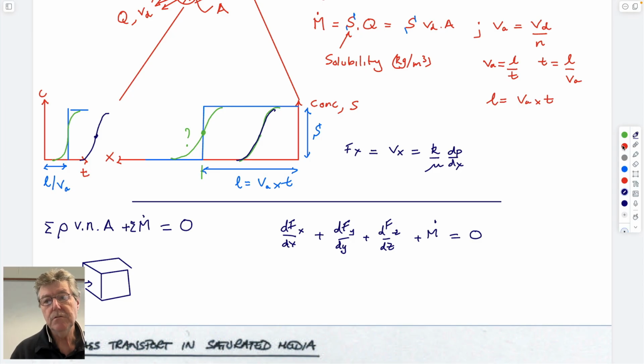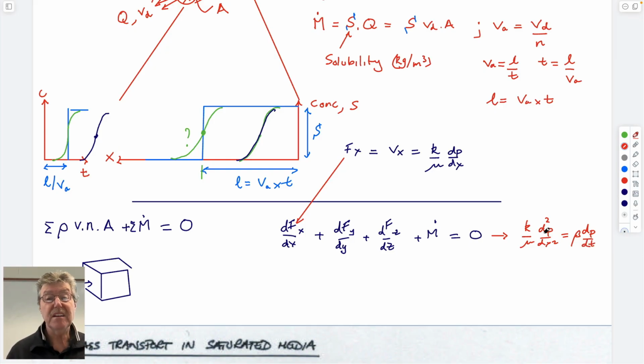So what we could do is substitute these into this in x, y, and z, and if I write it in reduced format just in one direction, we'd end up with k over mu d2p/dx squared equals compressibility dp/dt.